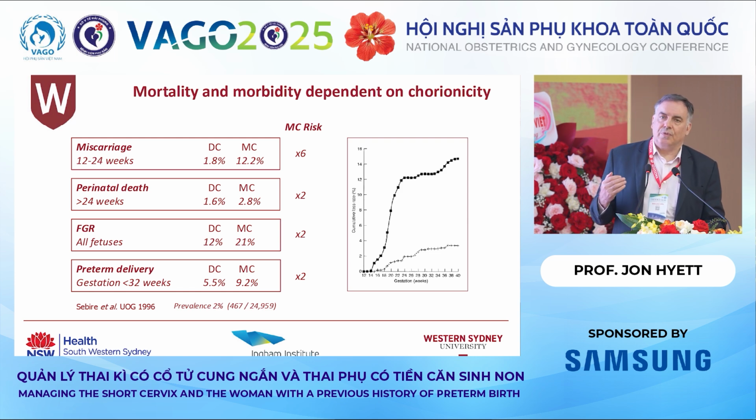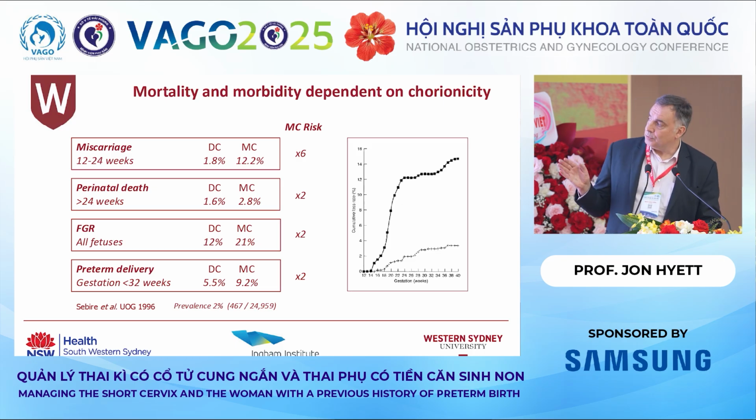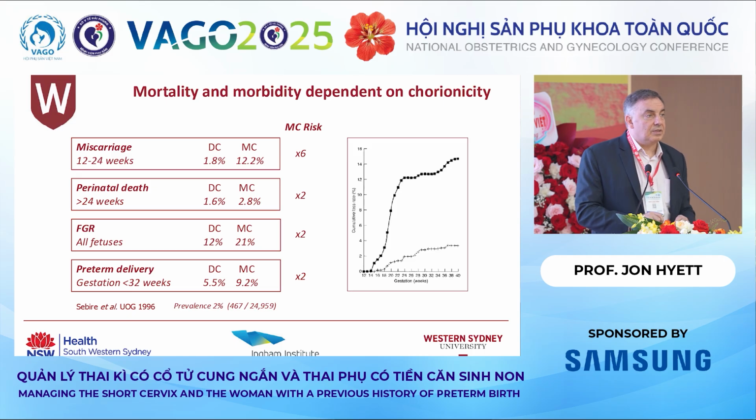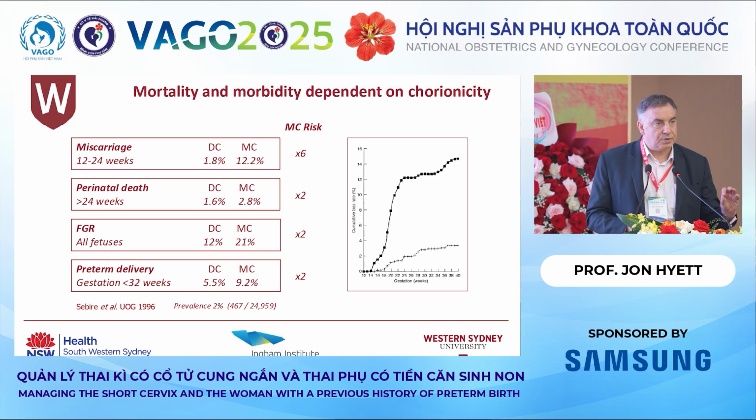For the complications of twin-twin transfusion particularly, it's between 14 weeks and 24 weeks that is the main time when you will get acute onset of twin-twin transfusion syndrome that results in the TOPS phenotype, where you have oligohydramnios, polyhydramnios.